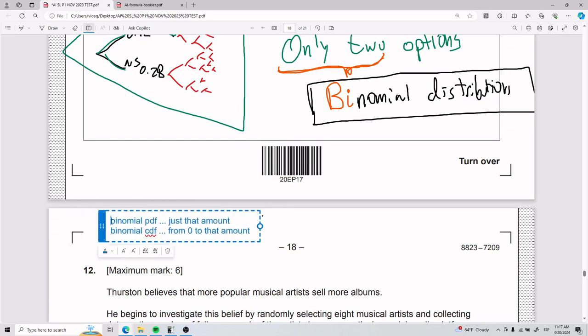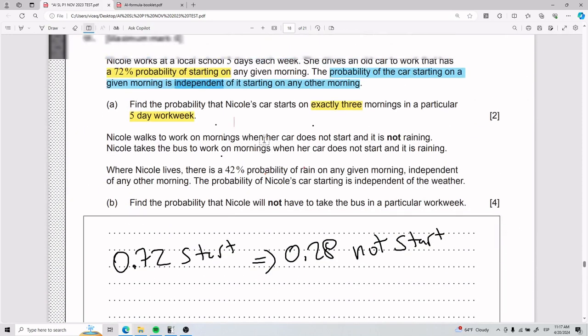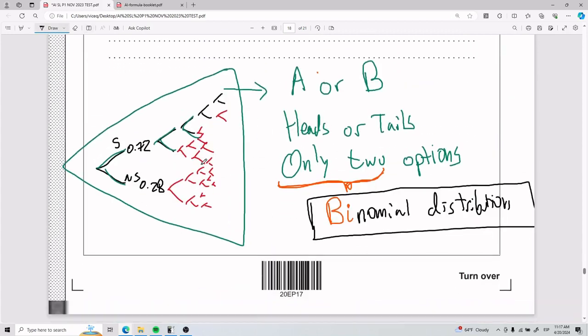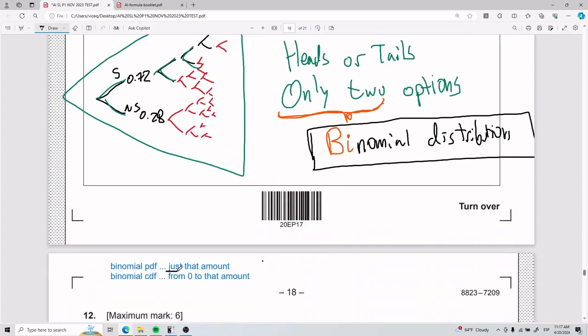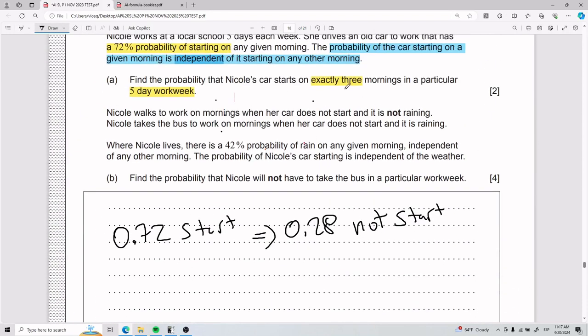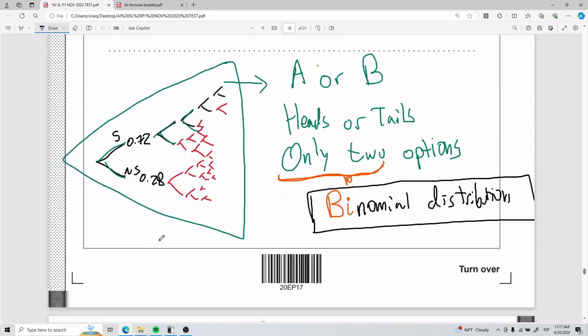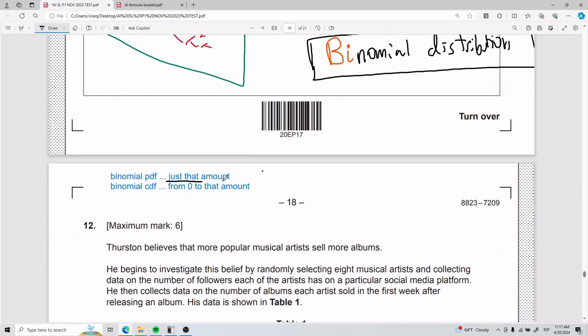So binomial PDF is just that amount, binomial CDF is from 0 to that amount. And because PDF is just that amount, and here they ask for exactly 3 mornings, I have to use binomial PDF. So this is the first thing we can identify: PDF is for an exact amount, right?